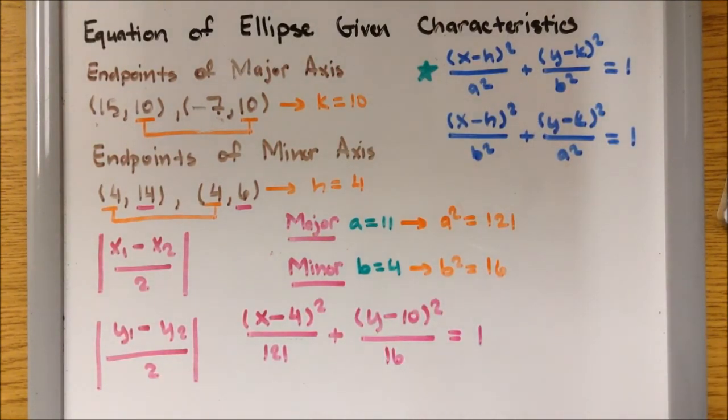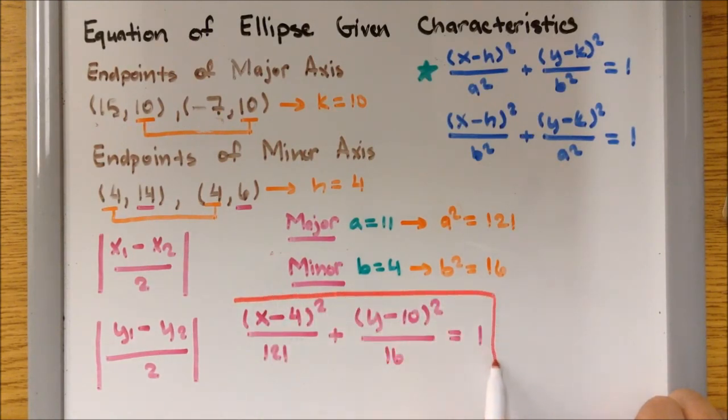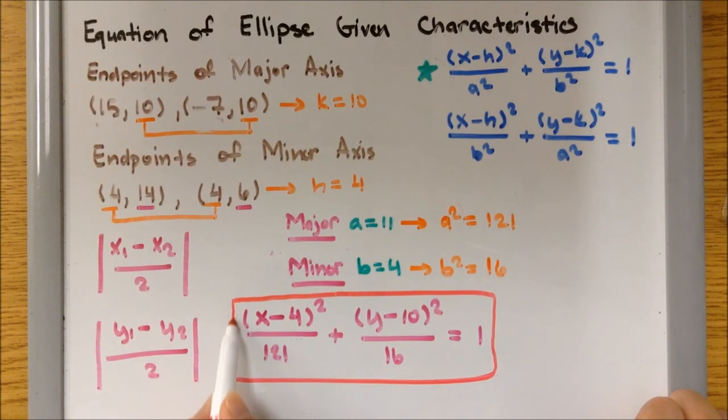So that's our equation for the ellipse. Therefore, our final answer: the square of x minus 4 over 121 plus the square of y minus 10 over 16 equal to 1. Our final answer.